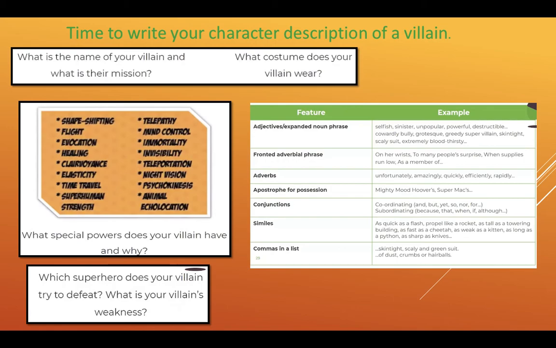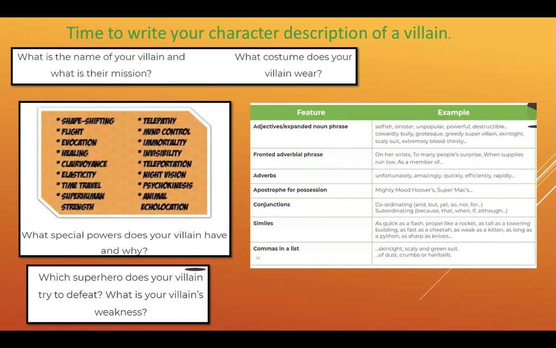So try and use at least 1 or 2, I'd say 2 subordinating conjunctions. And similes, you've done lots and lots of work on similes. Everyone knows how to do wonderful similes now. And of course, commas in a list, most people have been able to pick this up. If you've got 4 items in a list, then the first 2 words will need commas after them. And number 3 and number 4 will have and between them.